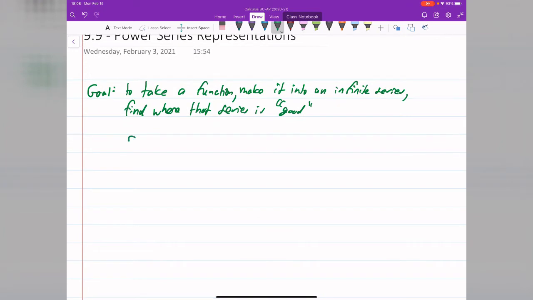We know that a geometric series has a formula of S is equal to the first term over 1 minus the common ratio, for a common ratio whose absolute value is less than 1, which means that the r value is contained within the interval of -1 to 1.